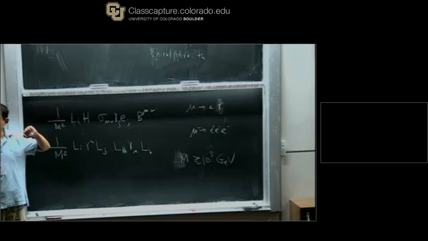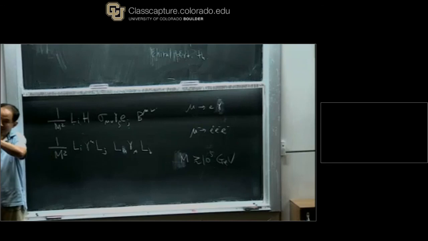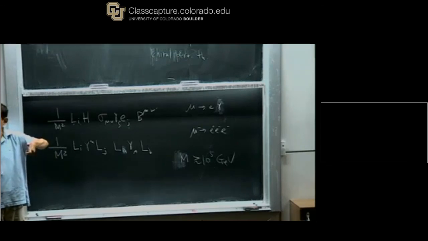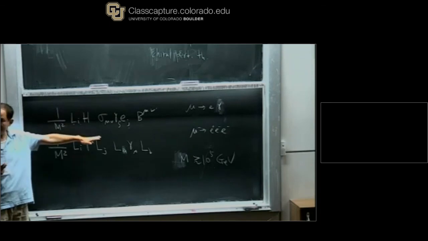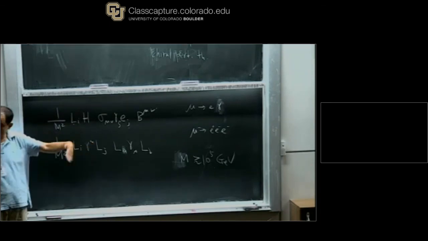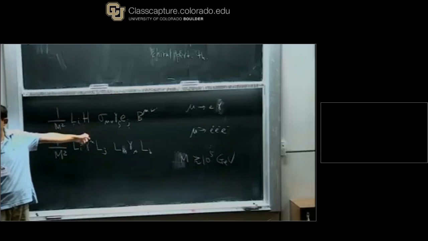I was asking about the extra phase left over. Yes, there is a phase in the CKM matrix, and when you calculate these operators from the standard model, that phase will enter.